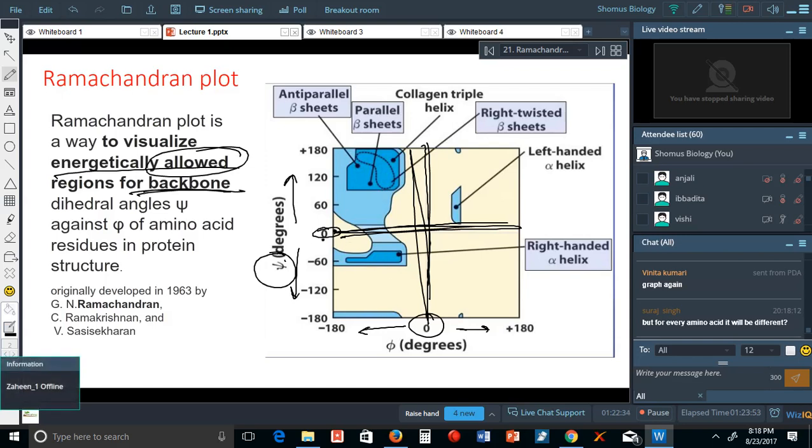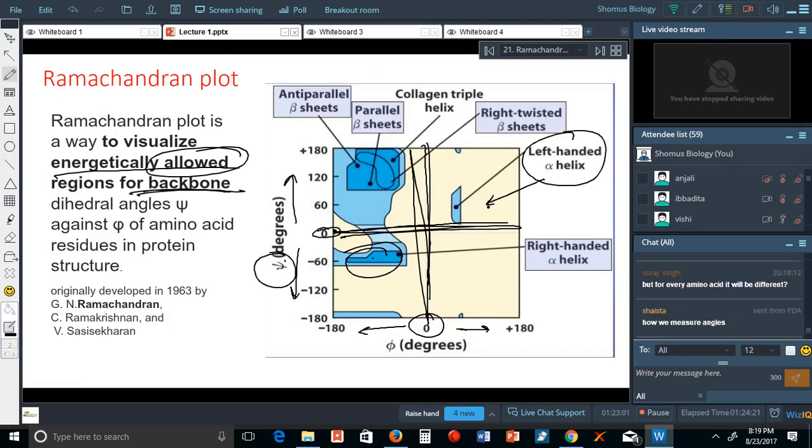Now on the other hand, if the value for psi is negative and the value for phi is also negative, they are going to form a right-handed alpha helix. On the other hand, if both are positive, the values for phi and psi both positive, they tend to form a left-handed alpha helix.